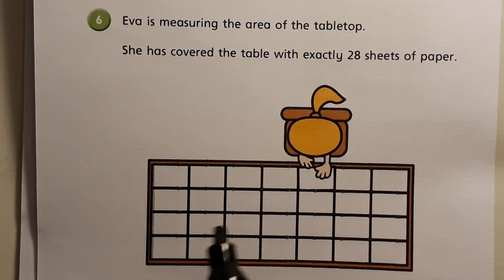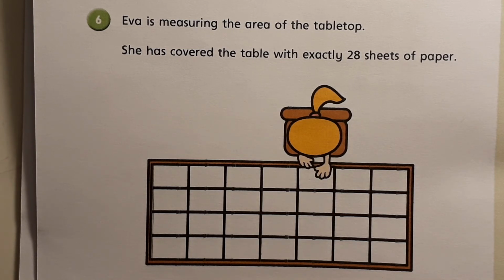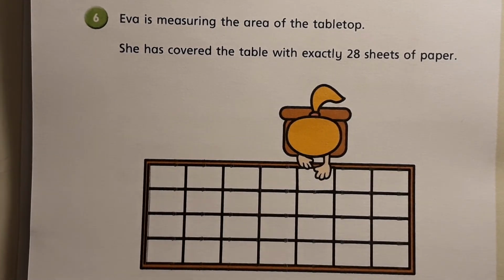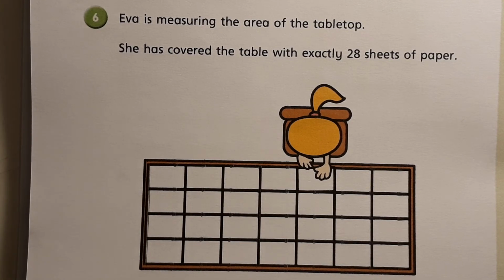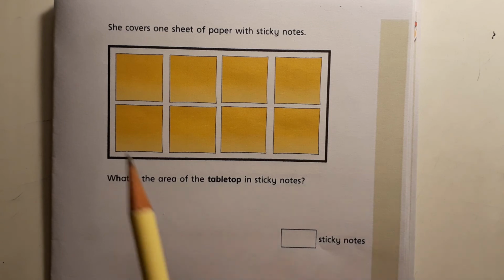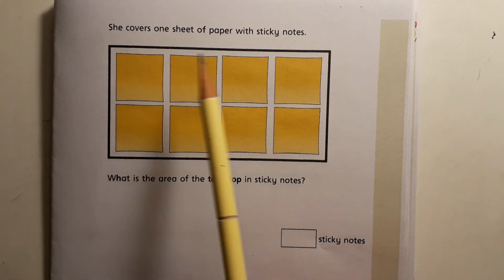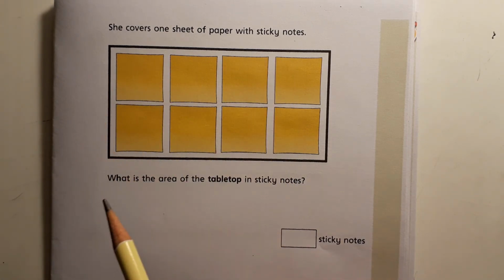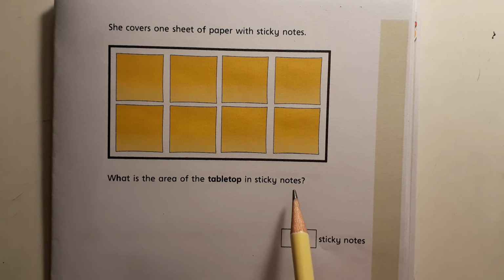So I think you need to decide that the whole of the table is covered by the paper and that there are absolutely no gaps between any of the pieces of paper. It then goes on to say she covers one sheet of paper with sticky notes. And the question is, what is the area of the tabletop in sticky notes?